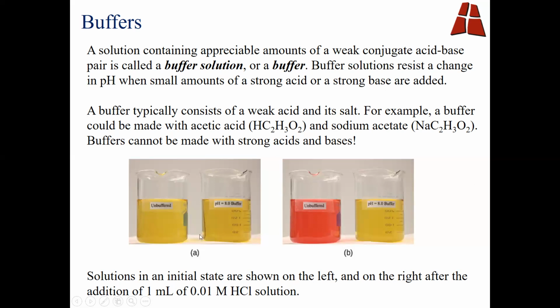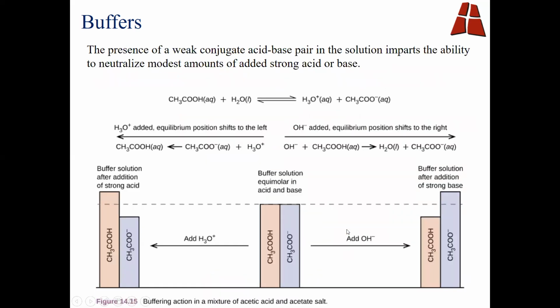In our buffered solution, we don't really see any change in pH as shown by our indicator here. Whereas if we don't buffer our solution, even 1 milliliter of a fairly dilute strong acid solution can create an acidic solution.